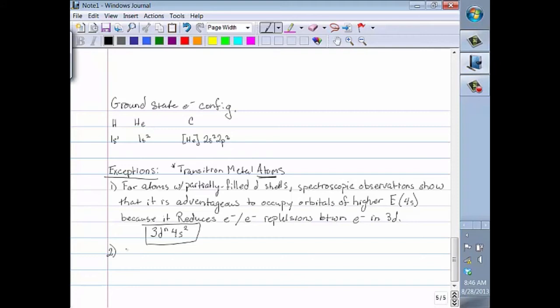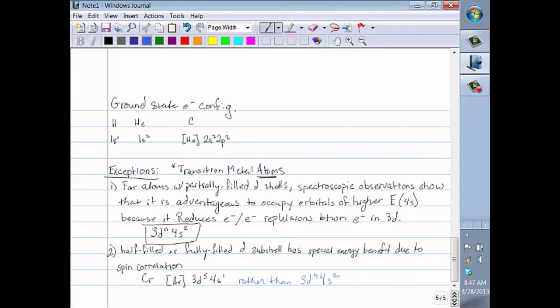So I'm going to write down: half-filled or fully filled d subshells have special energy benefit due to spin correlation. So I'd like you to tell me, without looking too closely at your periodic table, what would you expect the electron configuration of chromium to be, based on what you have learned before? Would you have expected it to be 3d4, 4s2?